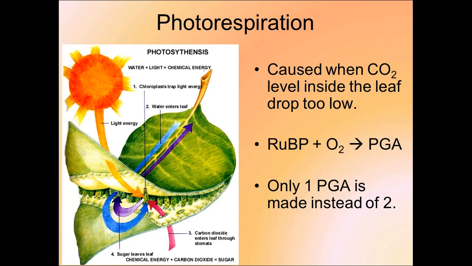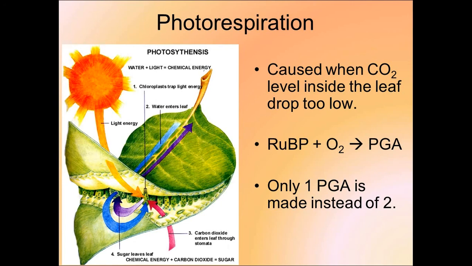If you remember, those two PGAs will become two G3P molecules. One of those molecules will head to glucose production, and the other will be regenerated back into RUBP. When only one PGA molecule has been made, the cell will send it back to make RUBP instead of making glucose. Because remember, the Calvin cycle has to continue.